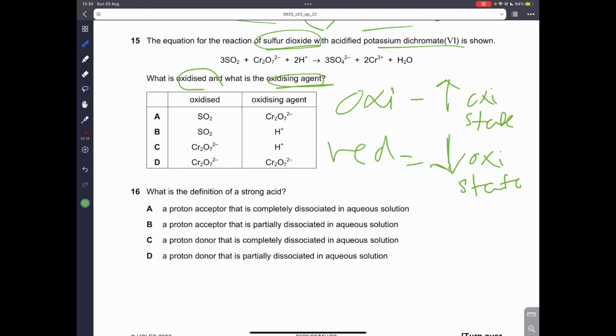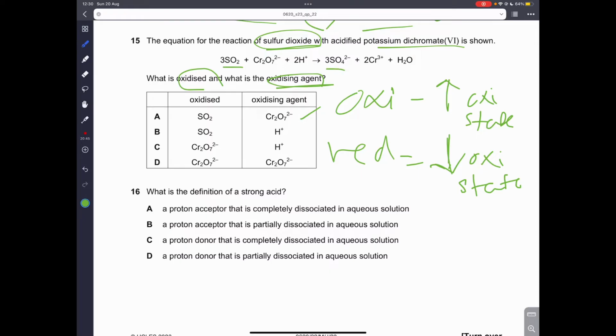So what is oxidized here? Potassium dichromate is the oxidizing agent, right? It is an oxidizing agent, but it gets reduced itself. It oxidizes other substances.